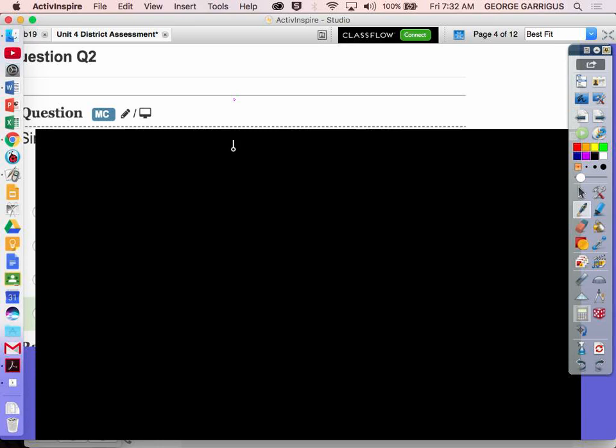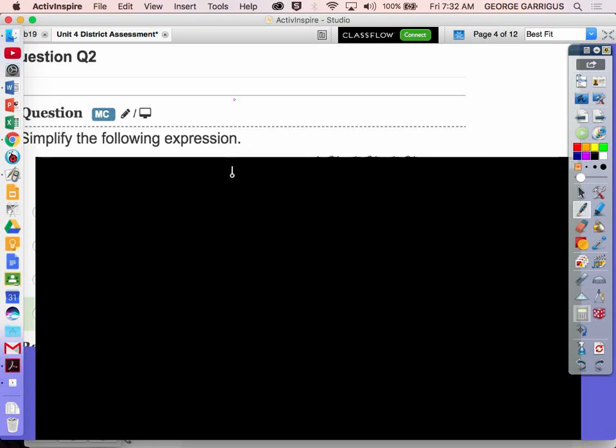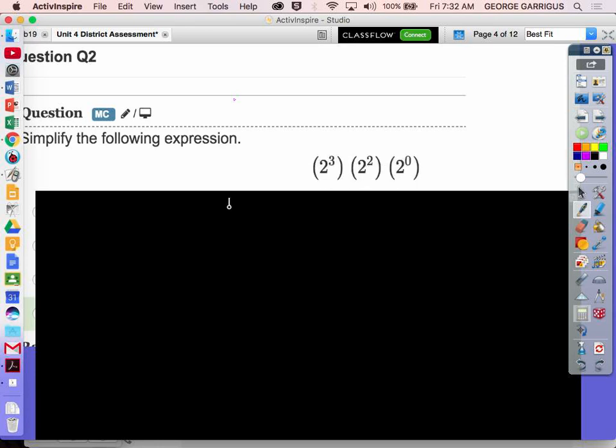Problem 2. Question 2. Simplify the following expression. Okay, well, we have probably one of the easier questions on the test. The bases are all 2, and you're multiplying. So what do we do with the exponents?